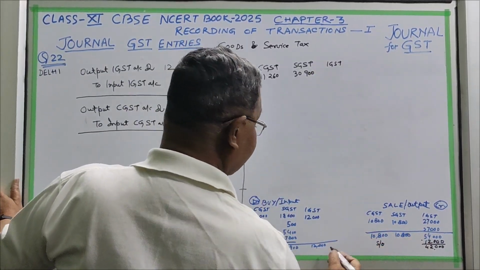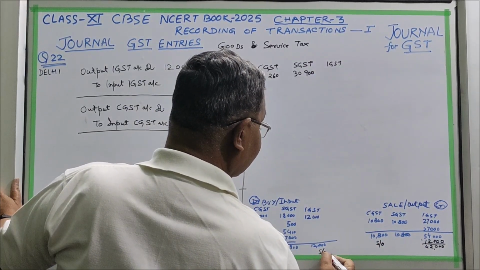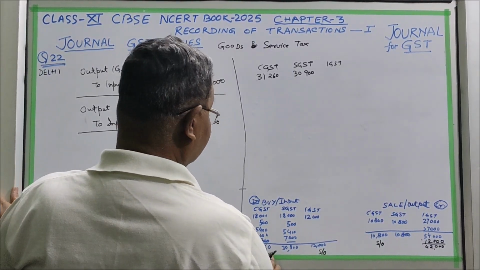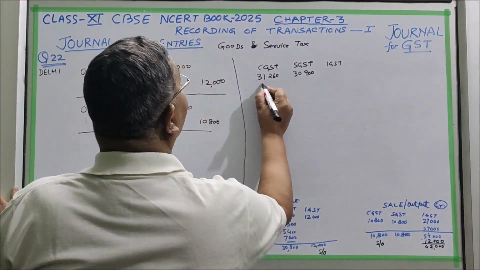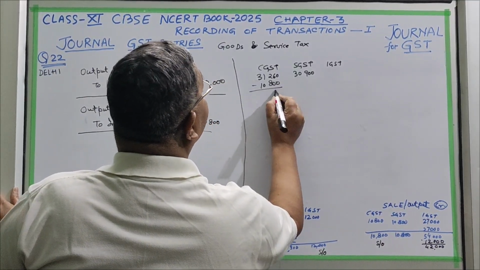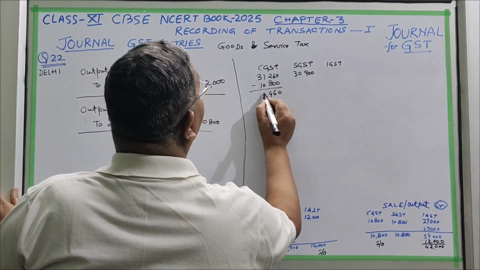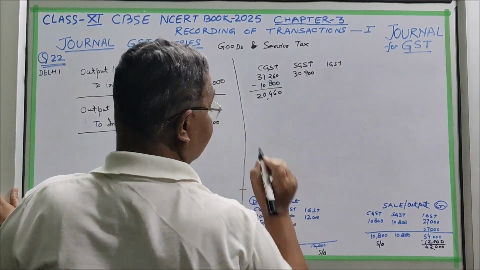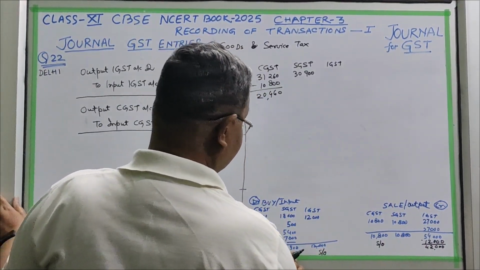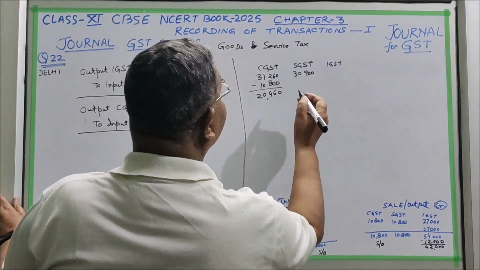From 31,260 we have used 10,800, so 20,460 is remaining. Now SGST will be adjusted from SGST. We can use only 10,800.